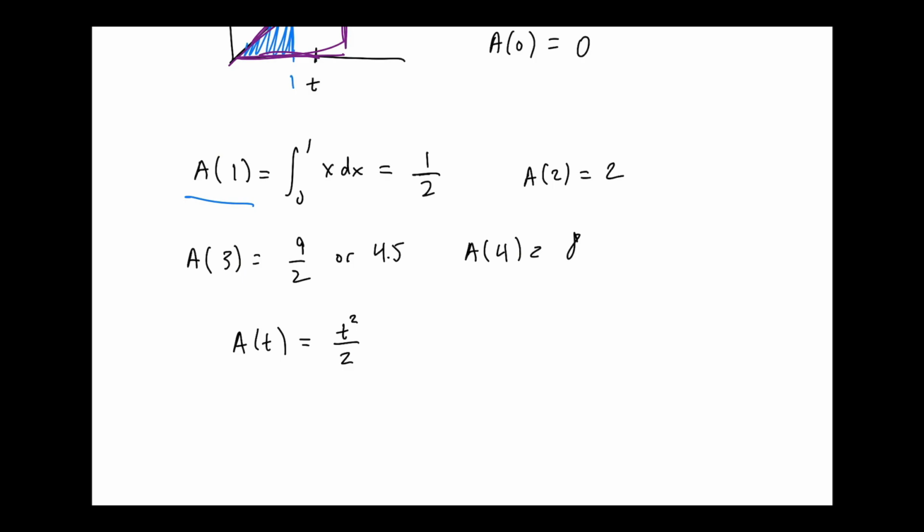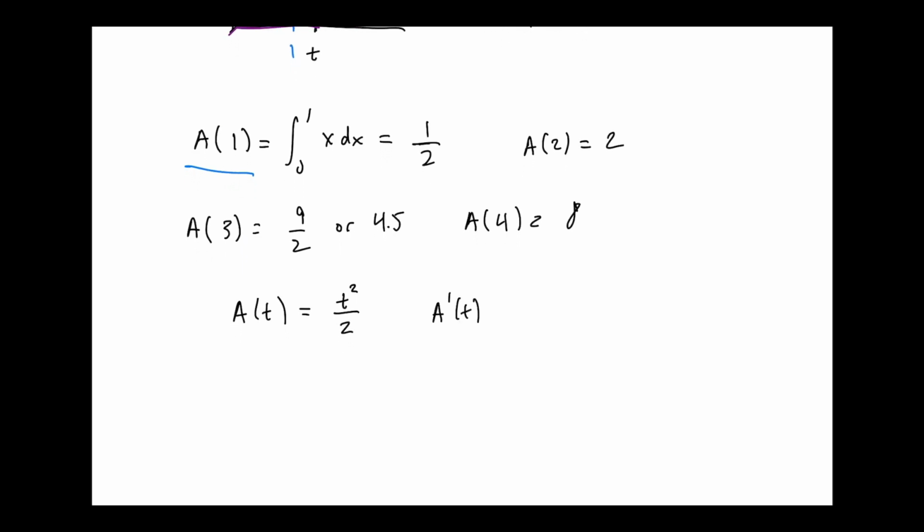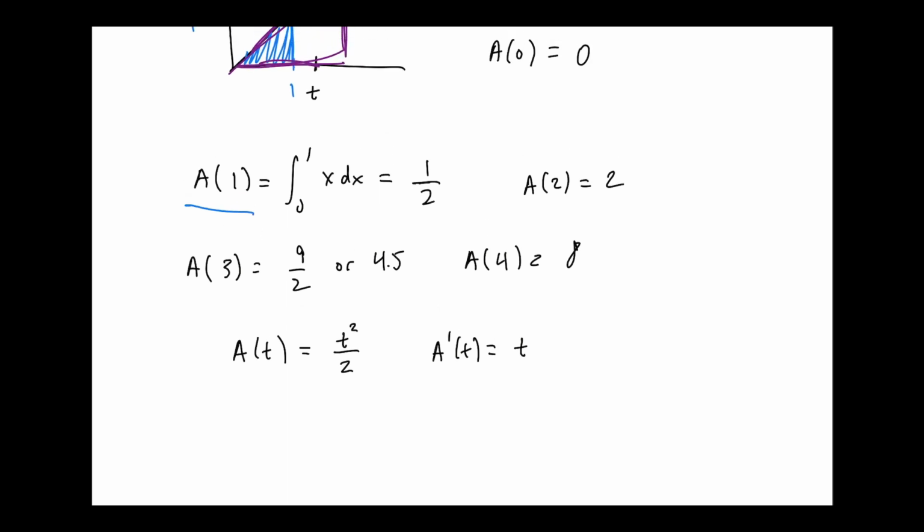Do we think we've got it? That's interesting. Furthermore, what would A prime of t be? Just t. Huh, that's interesting. Have we seen just t before? Or just x before?